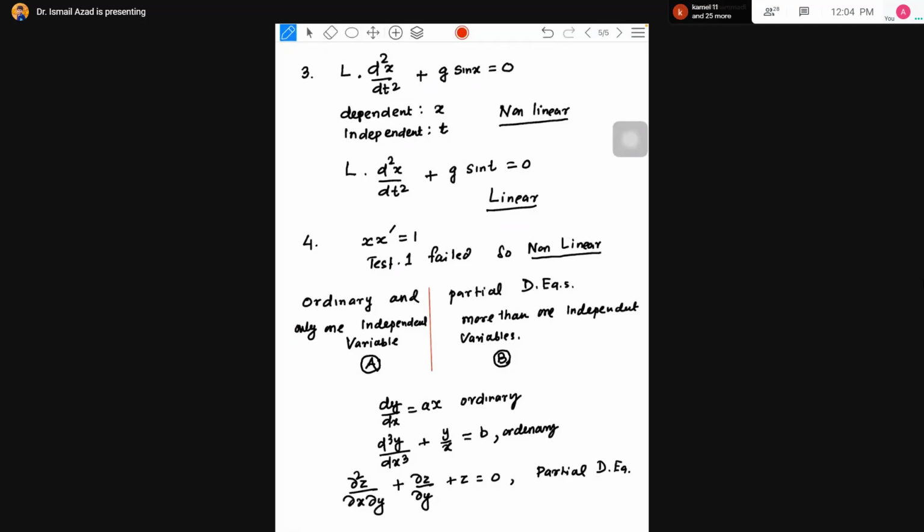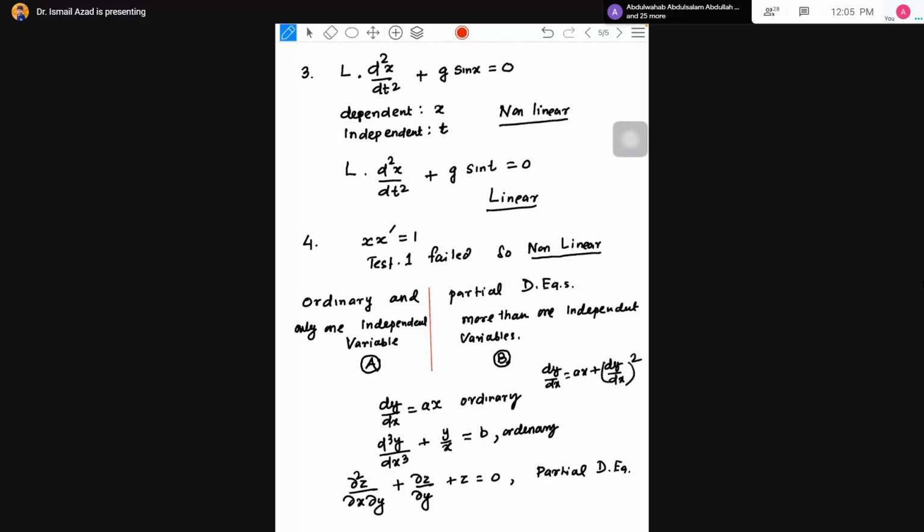What about, Doctor, if after the equal sign, for the first example, dy by dx is equal to ax plus dy by dx square, like this?